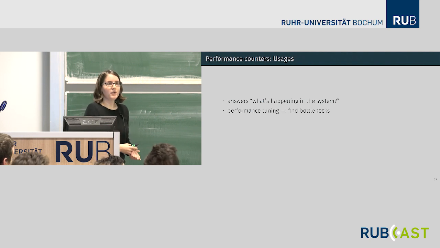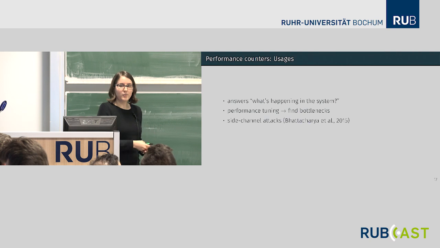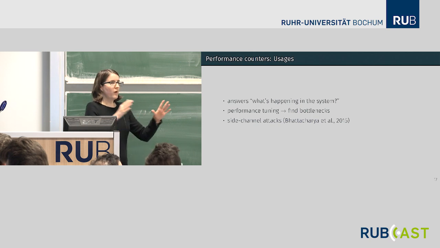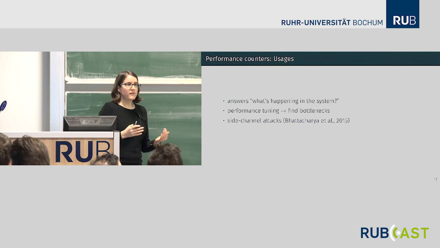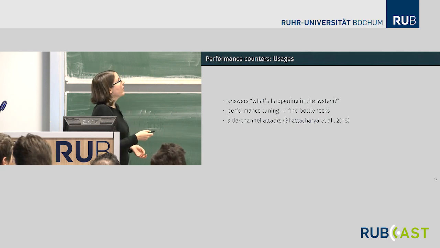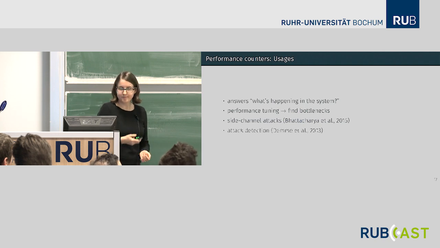So it's usually used for performance tuning, for example, to find bottlenecks in programs. It has been used in some side channel attacks because it's quite useful to know what's happening in the system, because you usually have no idea what's happening, and then you try to perform some side channel attacks. But if you can have some information from the performance counters, then that can really help the attack.